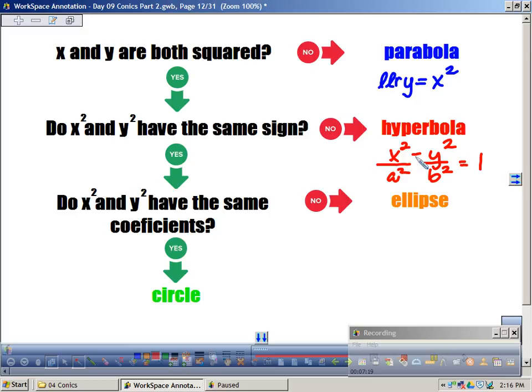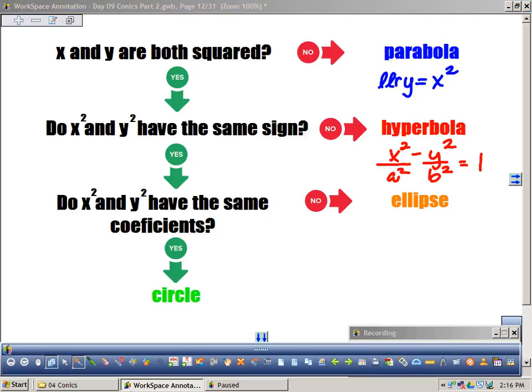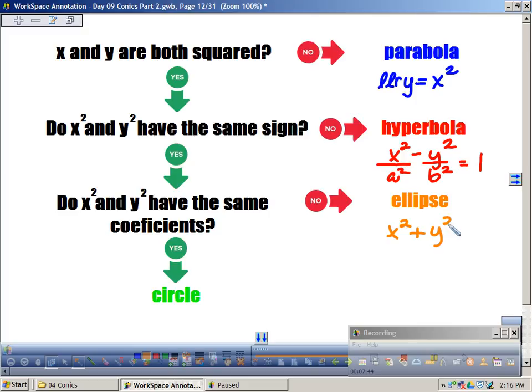So what if they both have the same sign? The next question I'd ask myself is, do they have the same coefficient? If they do, it's a circle. If they don't, it's an ellipse. So if I have an x squared and a y squared that are both positive, but they have different bases or denominators, then we're going to say it's an ellipse.